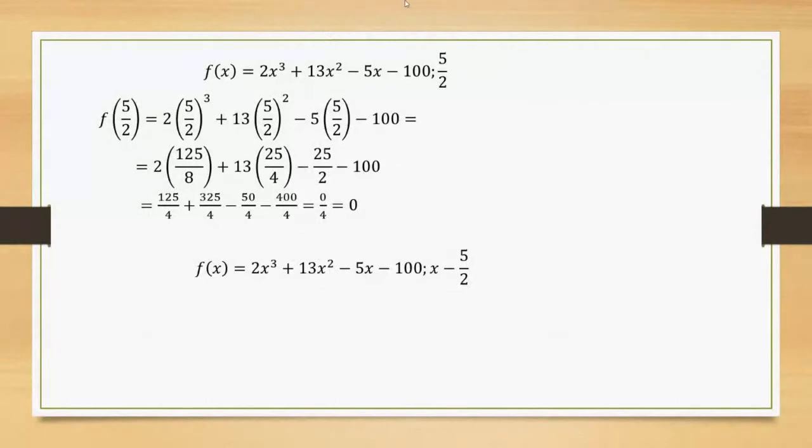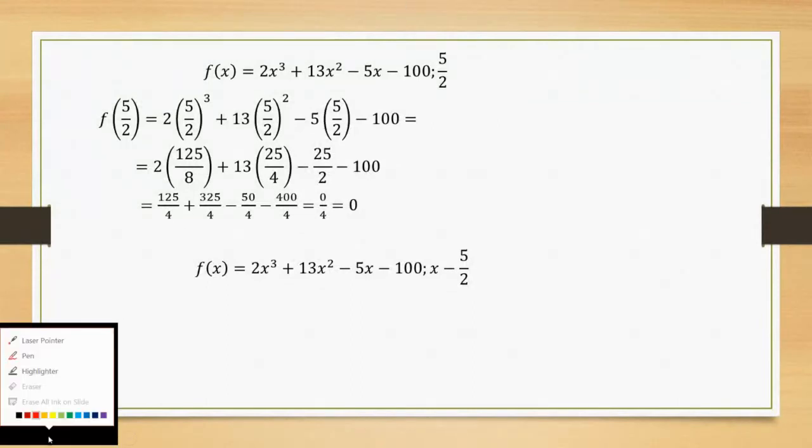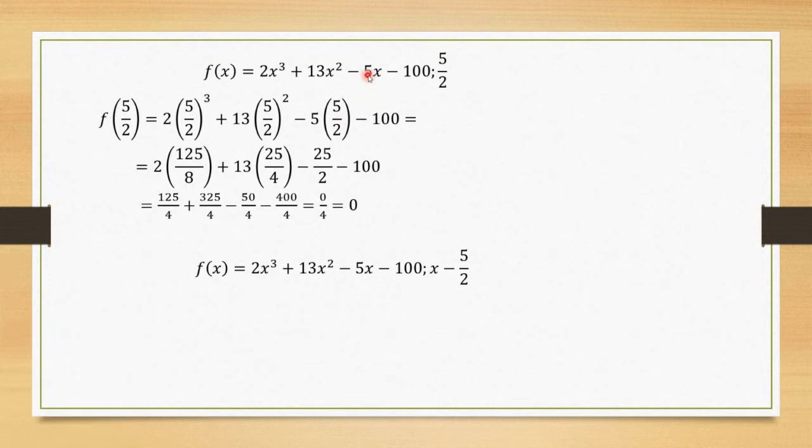Okay, so the first thing I did, I evaluated the polynomial function at 5/2. Normally, you don't have to do that unless I ask you to. Essentially, all I'm doing is confirming that x minus 5/2 is a factor of this.